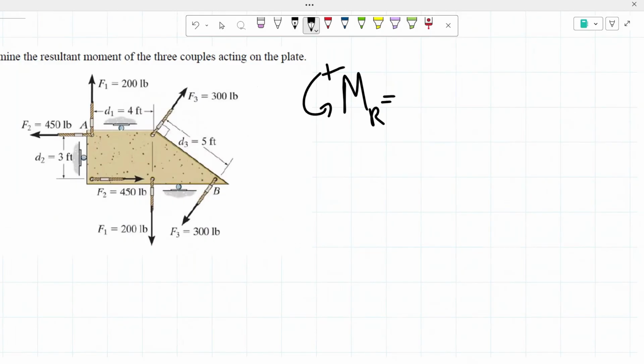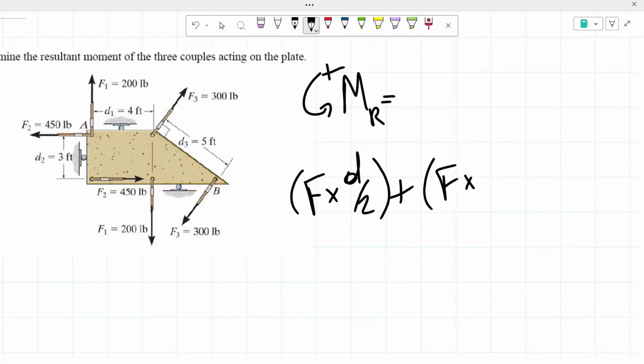Remember how we mentioned in the previous video that for a couple, the moment, if we write it out, is equal to the force times the distance over 2. And again, we're going to have that force times the distance over 2.